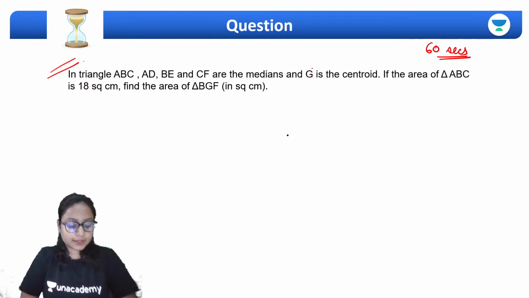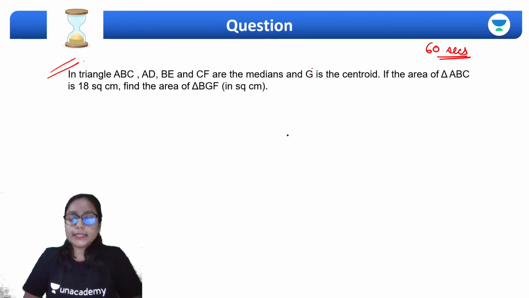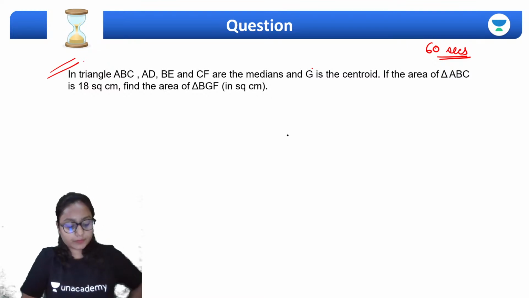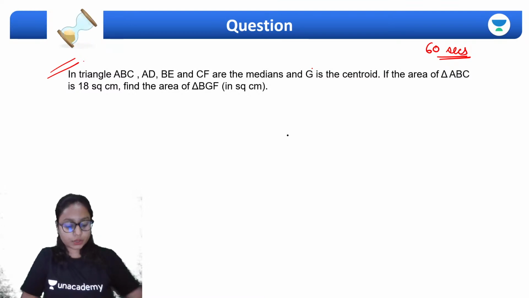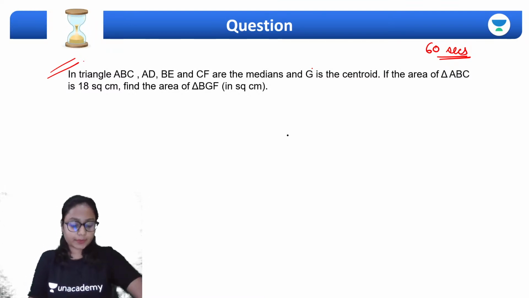Okay, we have one answer. Lavish got 3. Kaustubh also 3. Shambhavi 3. Alright.